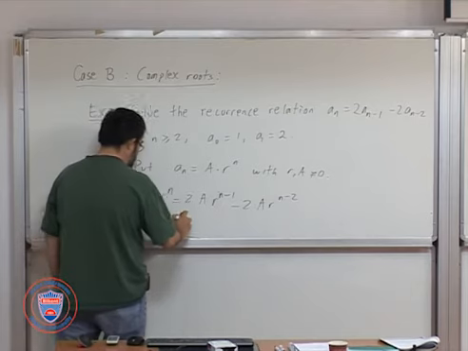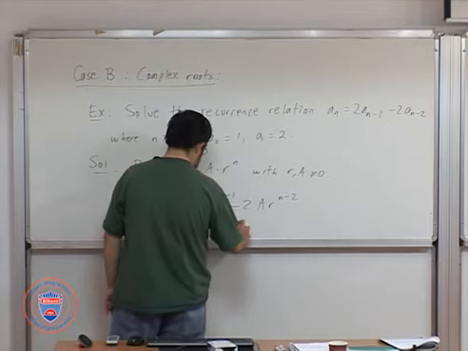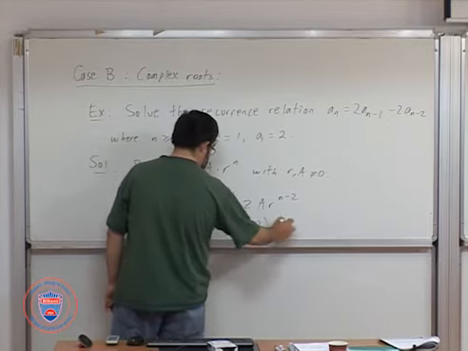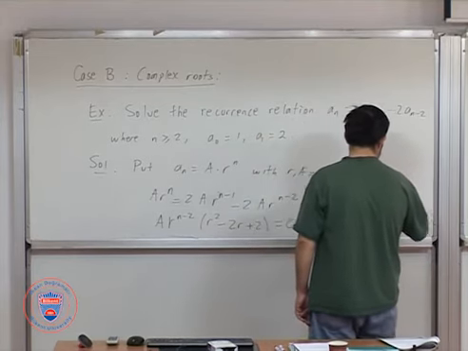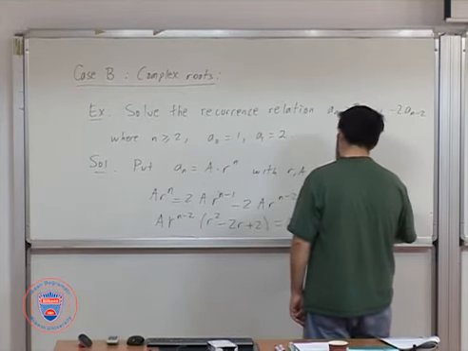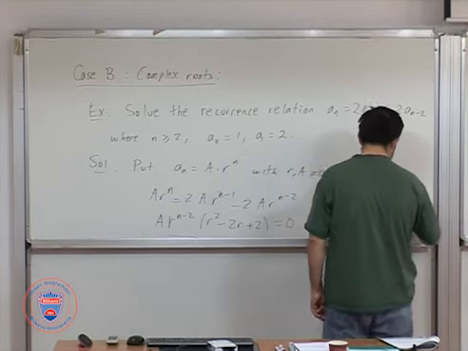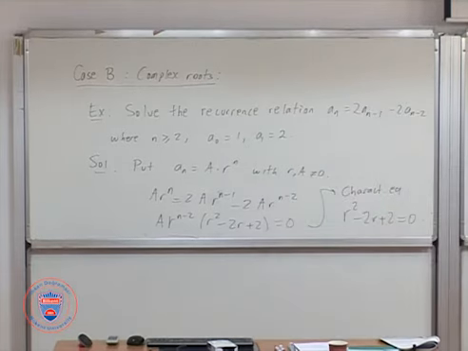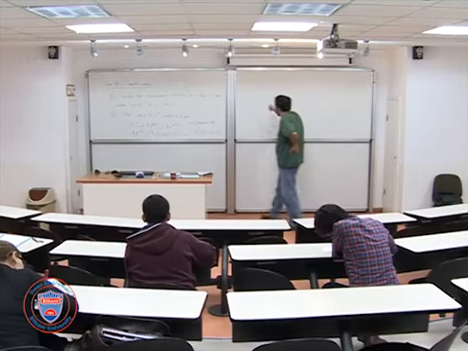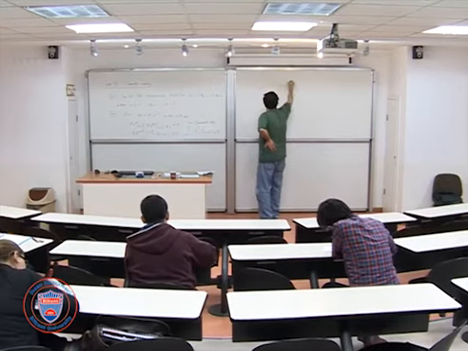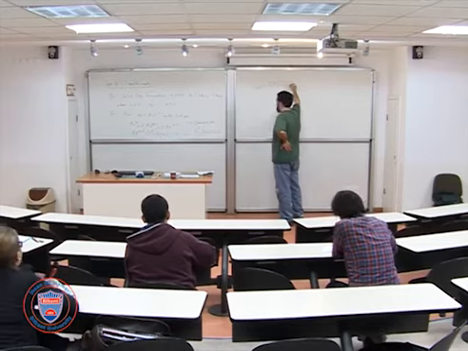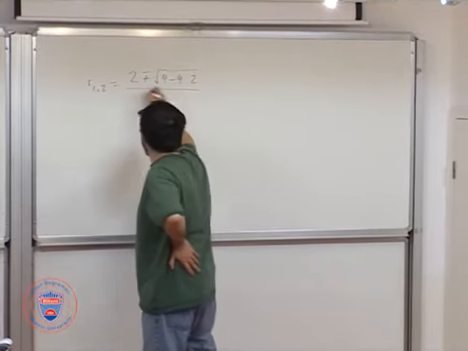If you factorize a_{n-2}, you get r^2 - 2r + 2 = 0. So the characteristic equation is r^2 - 2r + 2 = 0. If you look at the roots, you get (-b ± sqrt(b^2 - 4ac)) divided by 2a.